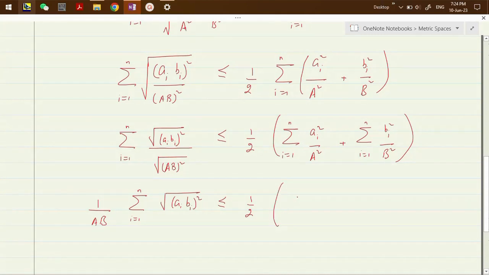Here a square is independent of i, so this is equal to summation i from 1 to n ai square over a square. In the same way, we have summation i from 1 to n bi square over b square.